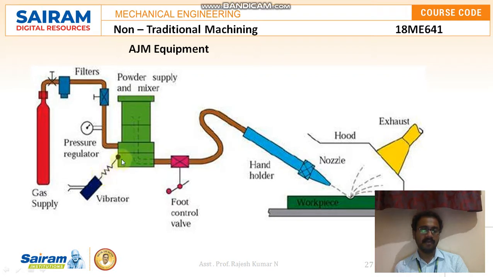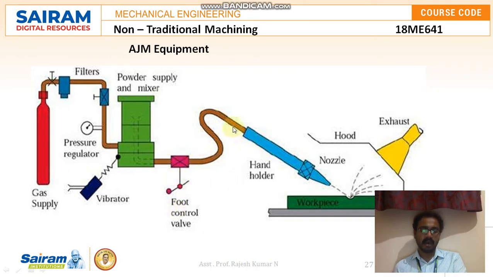A vibrator is connected to it, and there is already some abrasive powder in it. Once the carrier gas enters this cylinder, with the help of the vibrator we mix it properly. Then the pressure remains the same, and with the help of a flow control valve it passes to the nozzle. What is the purpose of this flow control valve? In case I want to increase or decrease the volume, I can do that.